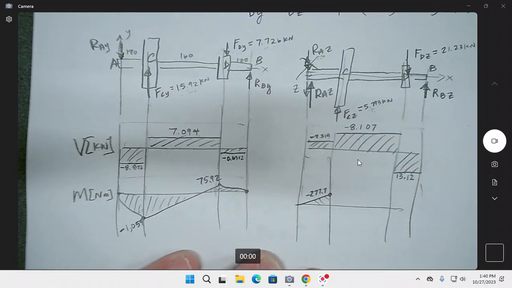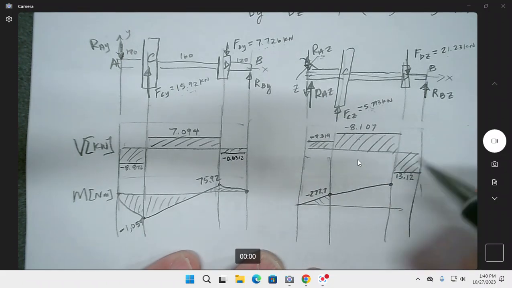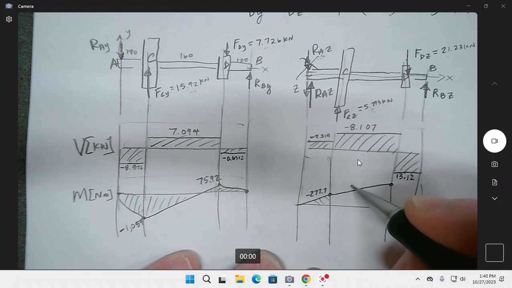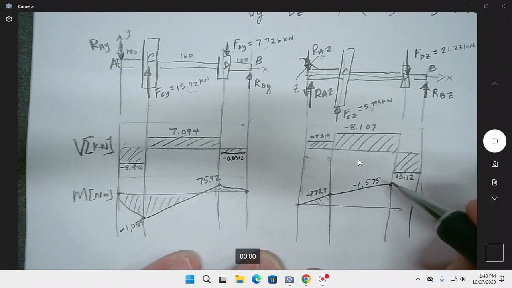So we're actually going to subtract, but actually add. 8.107 times 160 is the distance. And so we're going to increase that to negative 1,575.